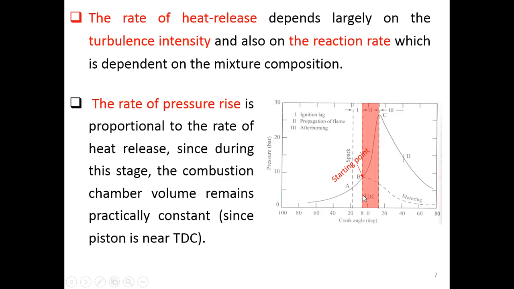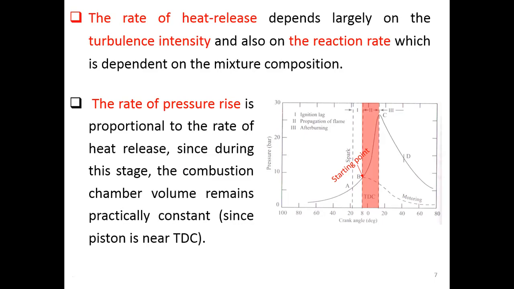So we have to look at the rate of the pressure rise. The rate of the pressure rise is proportional to the rate of heat release, so it depends on the amount of heat transfer.